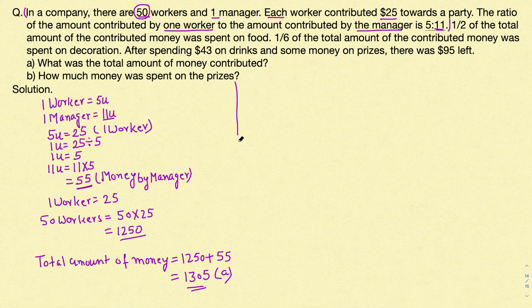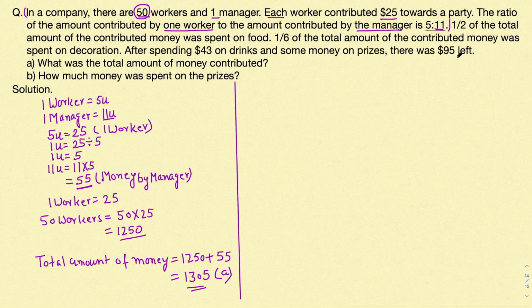Now let's move on to part B. In order to solve part B, we have to read the other section of the question. Now we have found the total amount of money contributed for the party. The later section of the question is talking about how that money was spent.